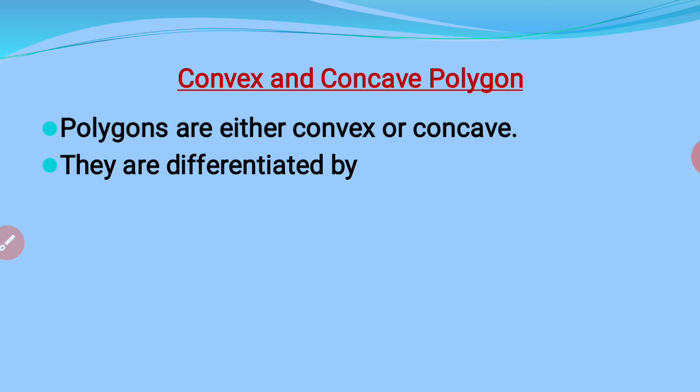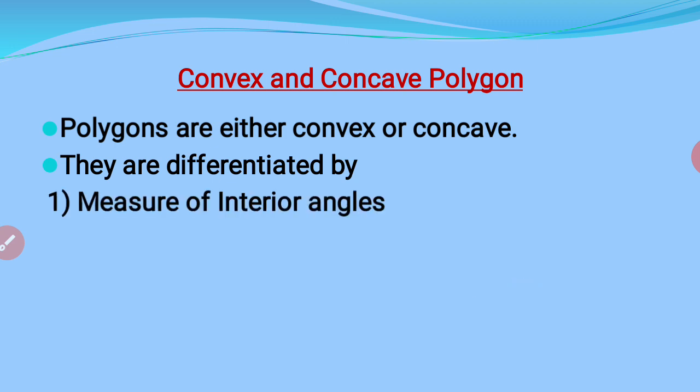They are differentiated by measure of interior angles and position of diagonals. Now the question is, if there are two types of polygons, how to differentiate them? So these are the two points on which we are going to differentiate them. The first is measure of the interior angles, and the second is position of the diagonals. We are going to discuss it more.